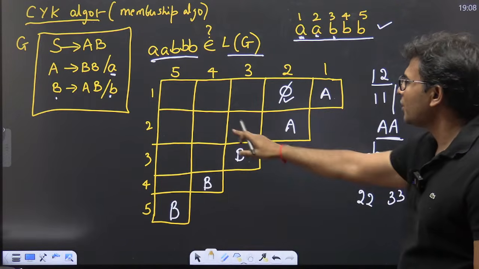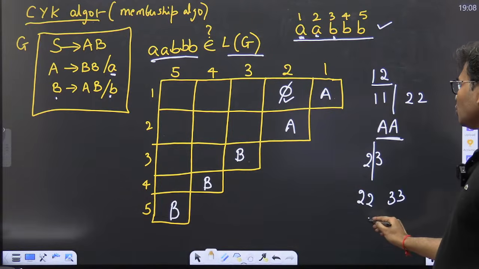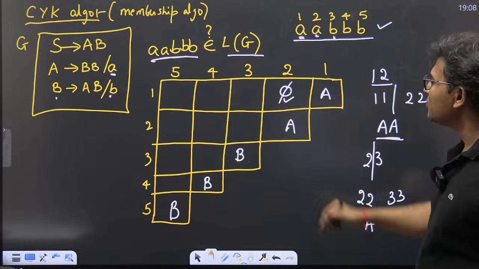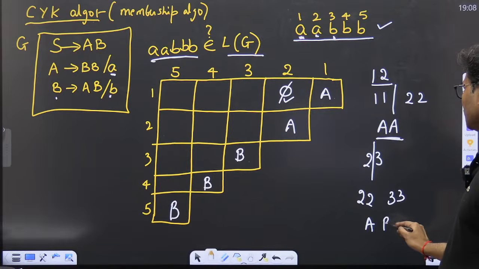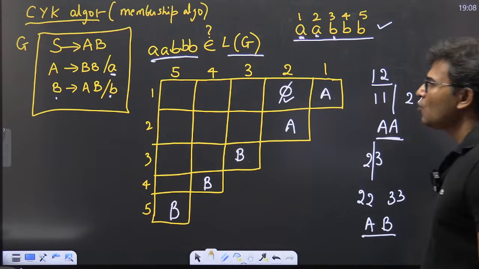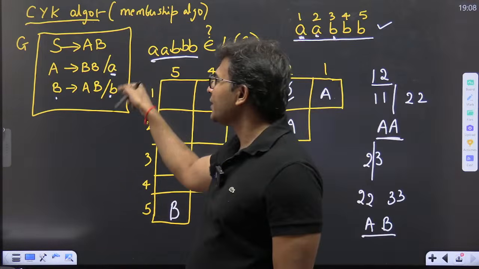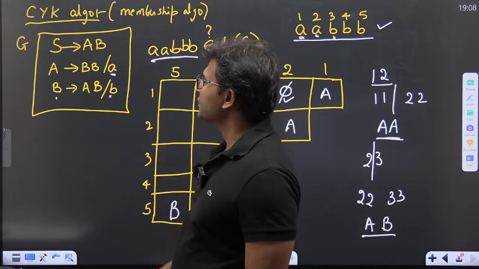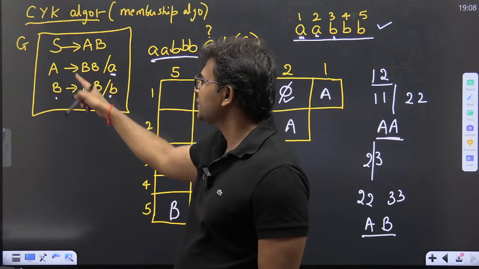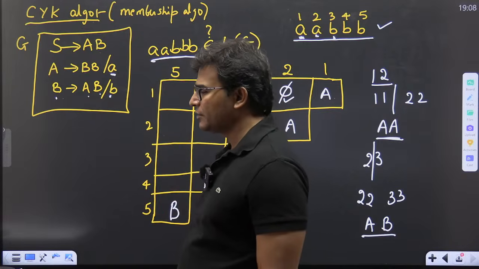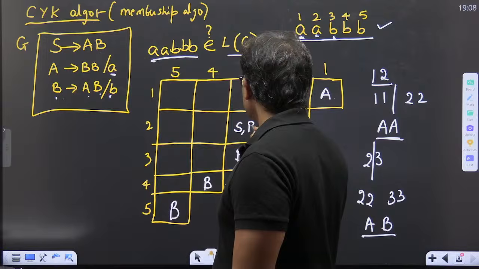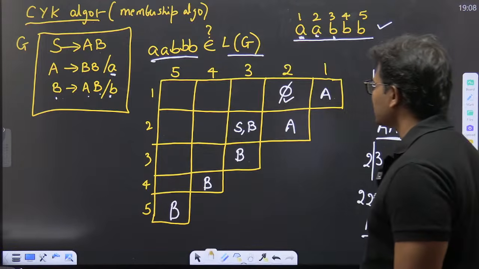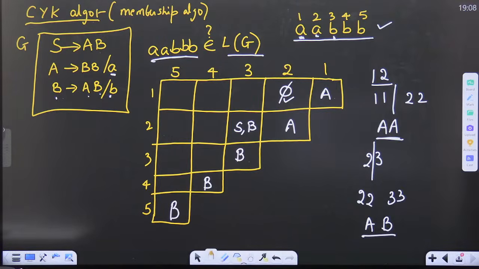In the table, 2, 2 is A, and 3, 3 is B. So we got AB, right? Now go to the grammar and see on the right hand side where AB is present. AB is present here, which means B. Therefore, this is S comma B.